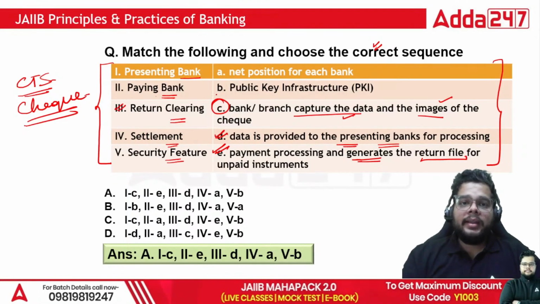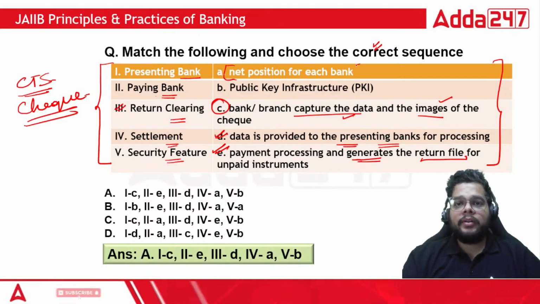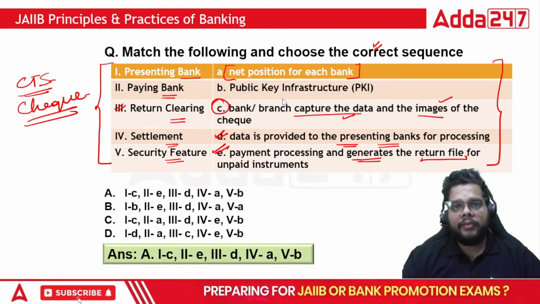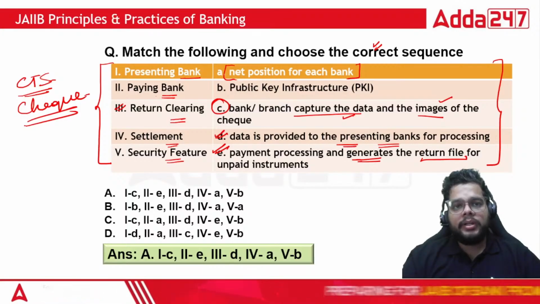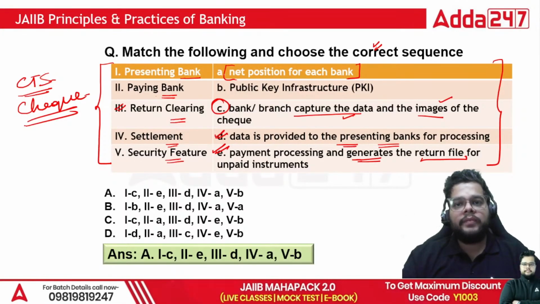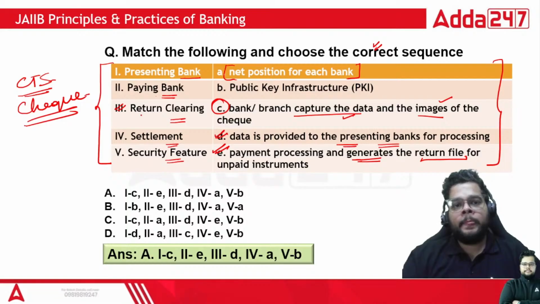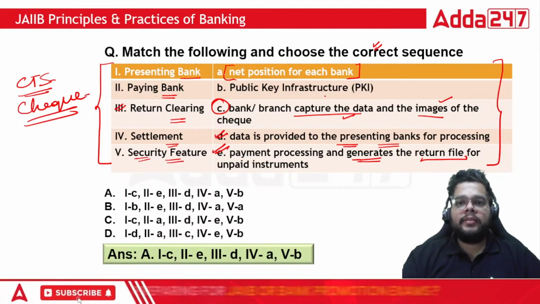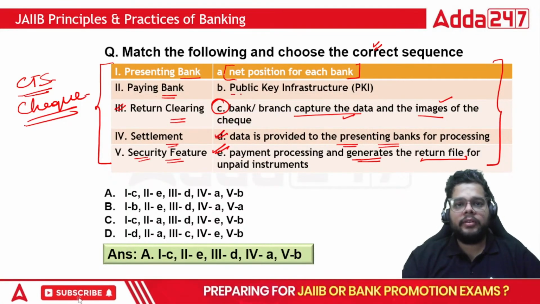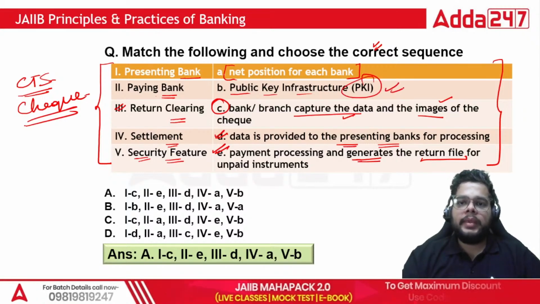Then settlement, it will be the net position of each bank. Fine. So every bank will have a particular settlement cycle based on which we will be settling the cheques. Last one, security feature. Which is the security feature? It is the public key infrastructure, the PKI.